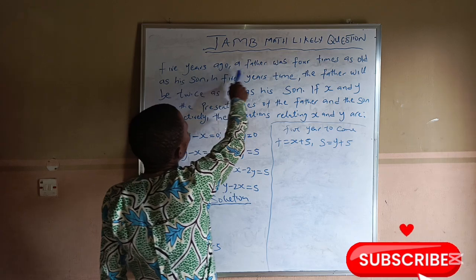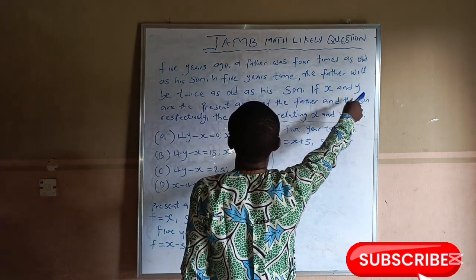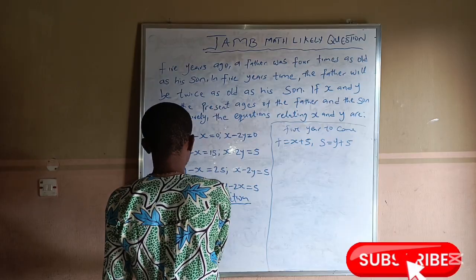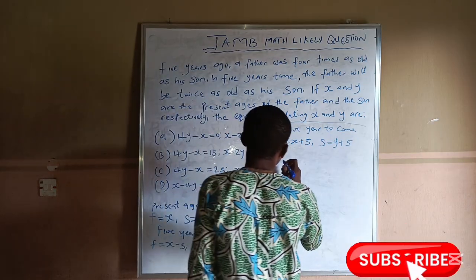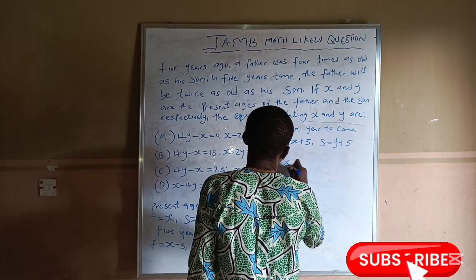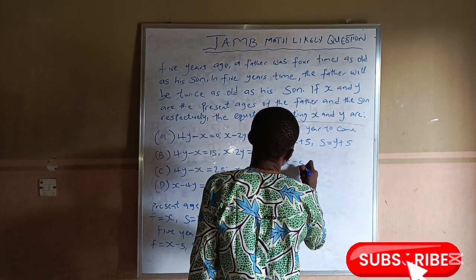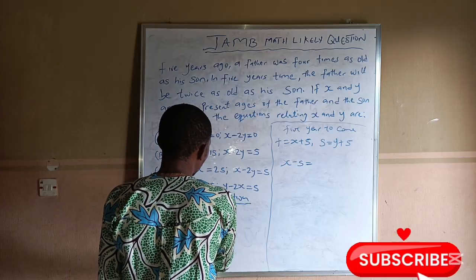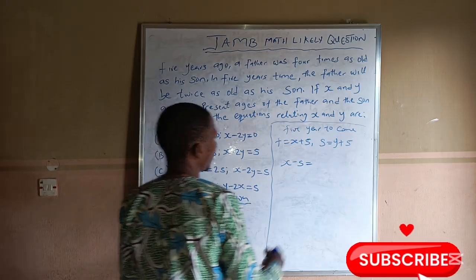Now say 5 years ago, a father was 4 times as old as his son. From the information given, this is the father's age 5 years ago, x minus 5 equals, what's the age of the son? The age of the son is y minus 5.